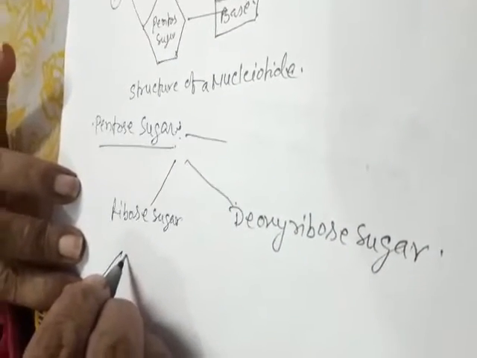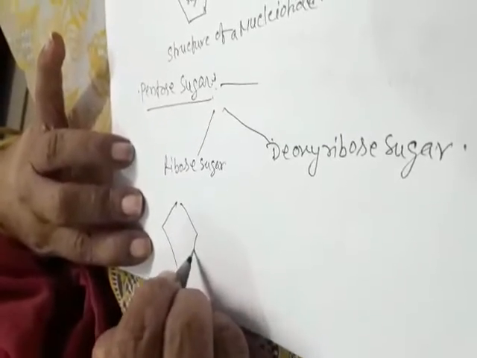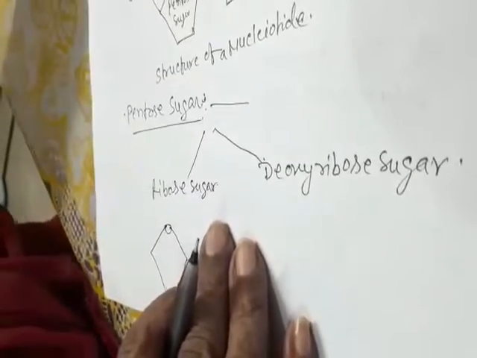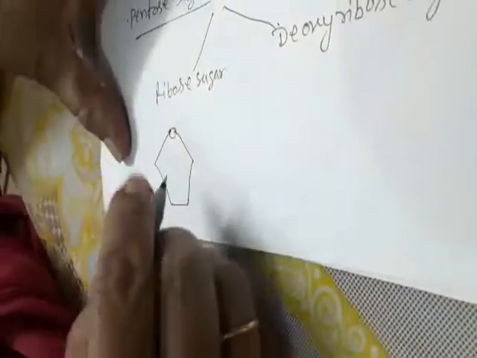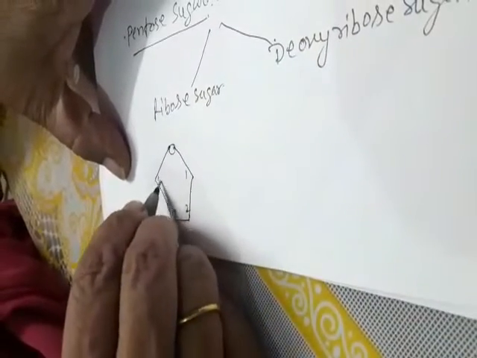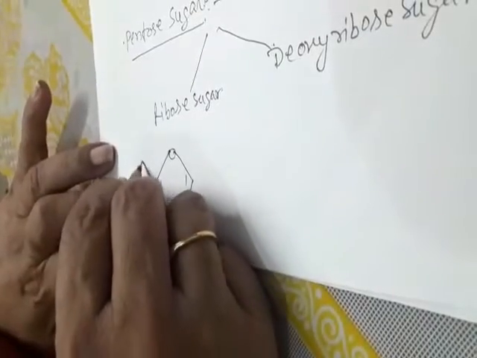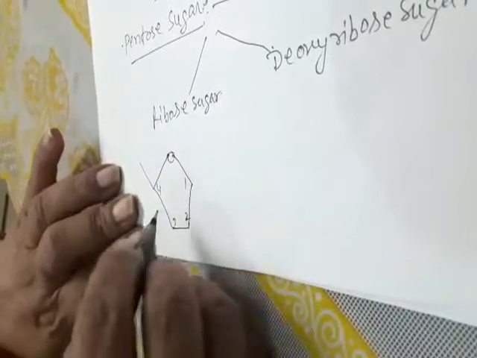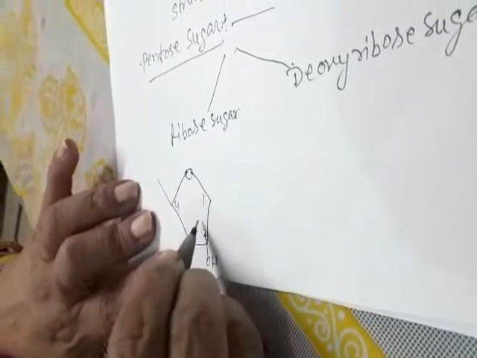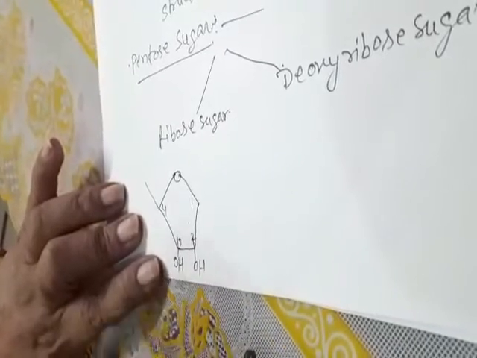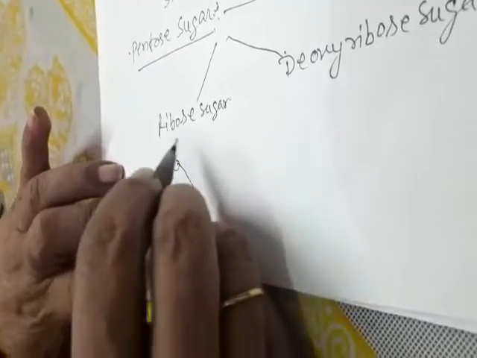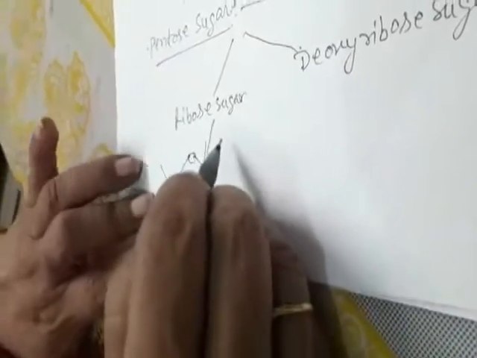The structure of ribose sugar: carbons 1, 2, 3 and 4 are in the ring and 5 is outside the ring. A hydroxyl group present on the 2' and 3' carbons is known as ribose sugar.